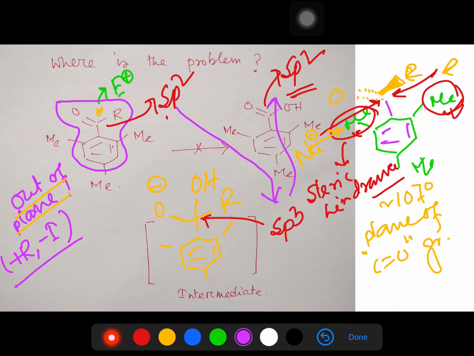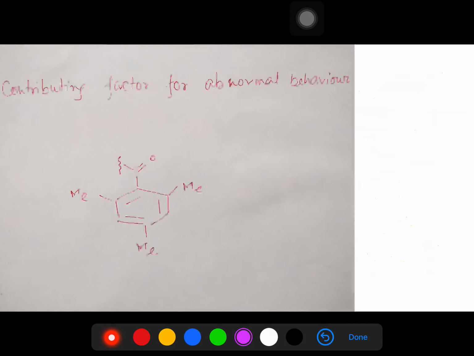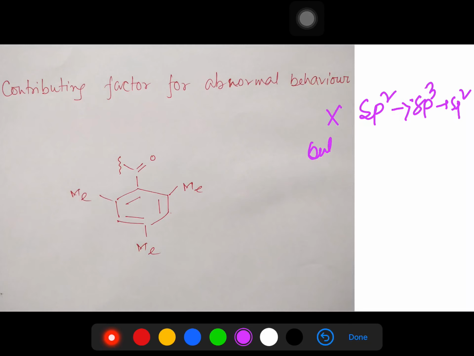So what is the solution? How could this acid be prepared? Just think that we cannot go for sp2 to sp3 to sp2. This is not possible, banned in case of the mesitylene system, but we can think that sp2 to sp2 we can do.